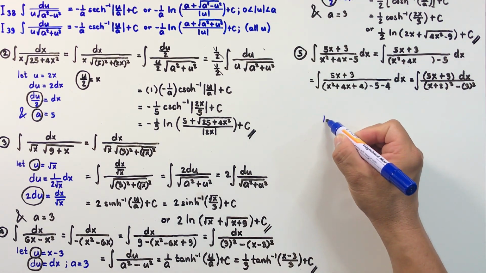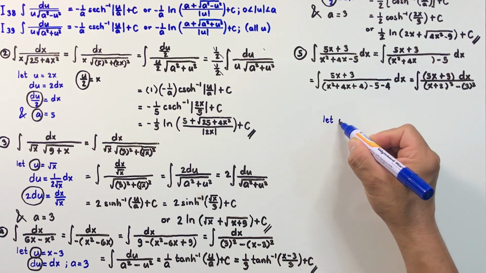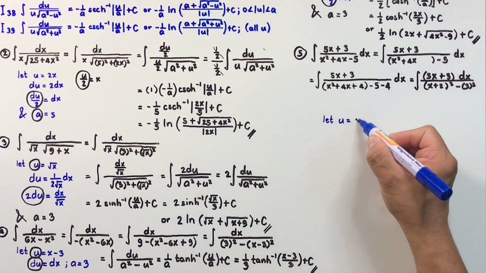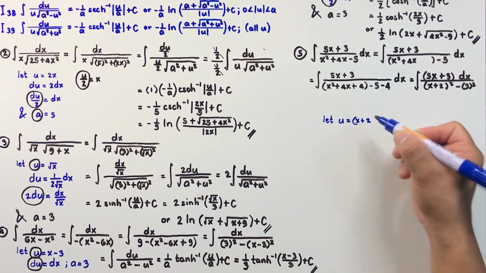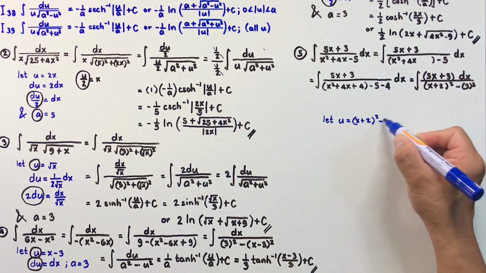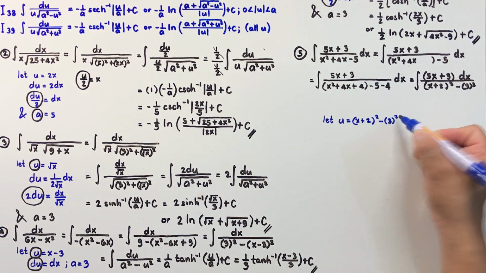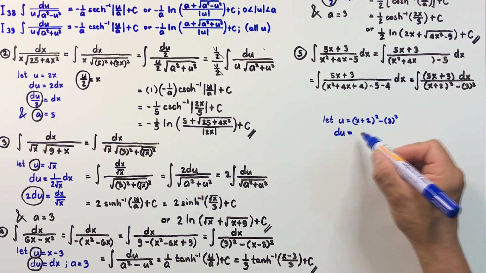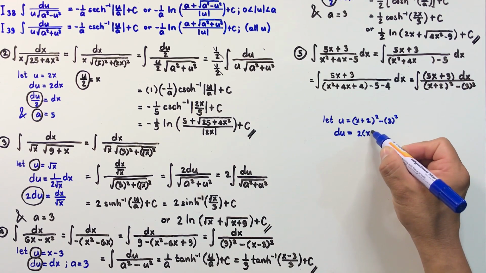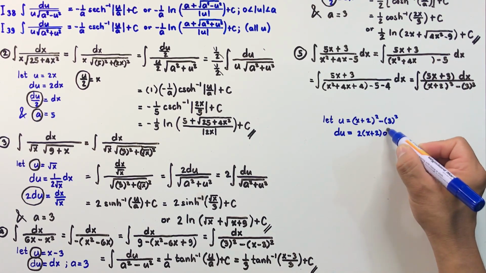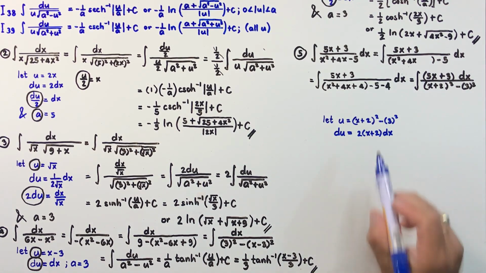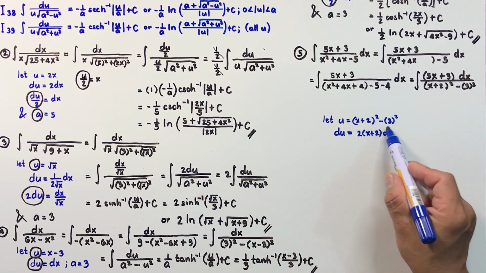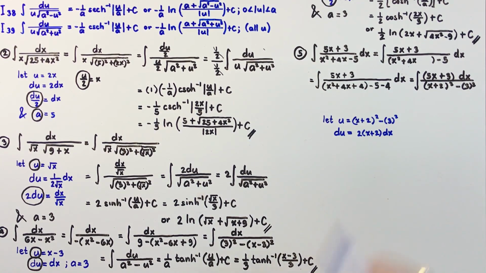However, if you let u be the denominator, which is this one here, the quantity x plus 2 squared minus 3 squared, we notice that if you get the differential of this u, it is 2 times x plus 2 dx, because the derivative of this one is this one here, and the derivative of minus 9 is 0.